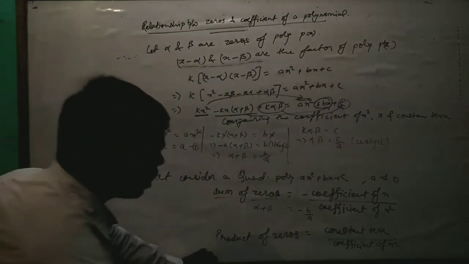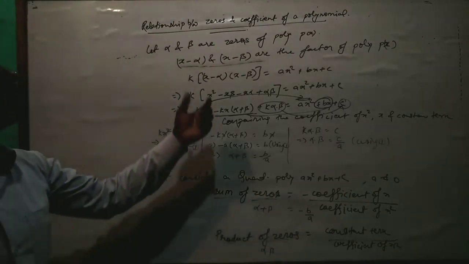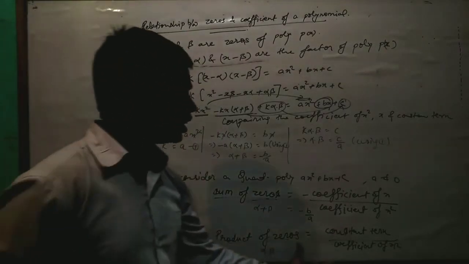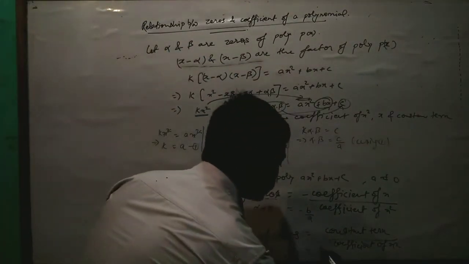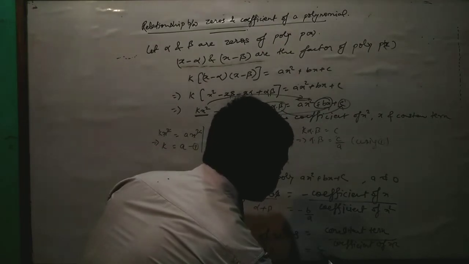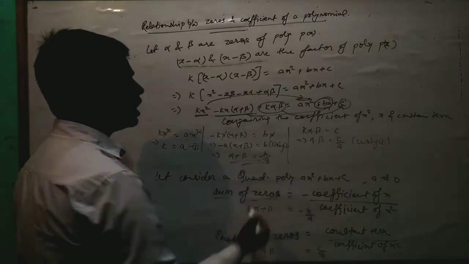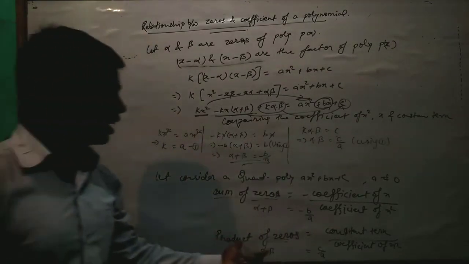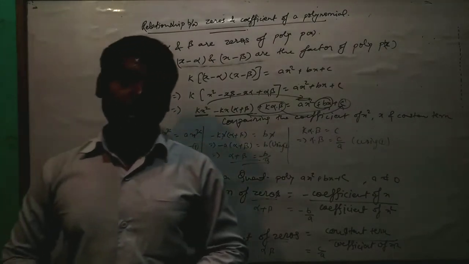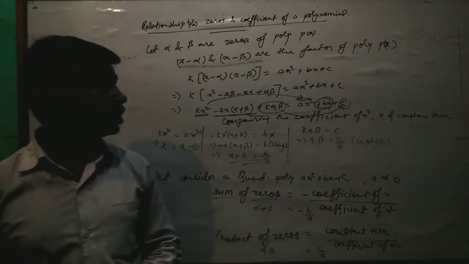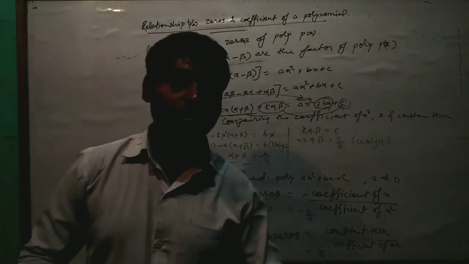And for the product of zeros, alpha into beta is equal to the constant term by the coefficient of x square, where the constant term is c and the coefficient of x square is a. So alpha plus beta is equal to minus b by a, and alpha into beta is equal to c by a. Again, we will see examples in the next video. Thank you for attending the class.